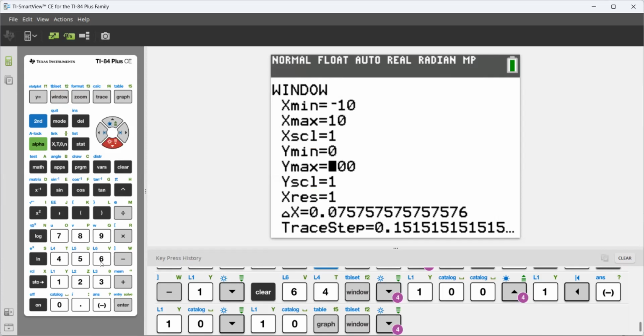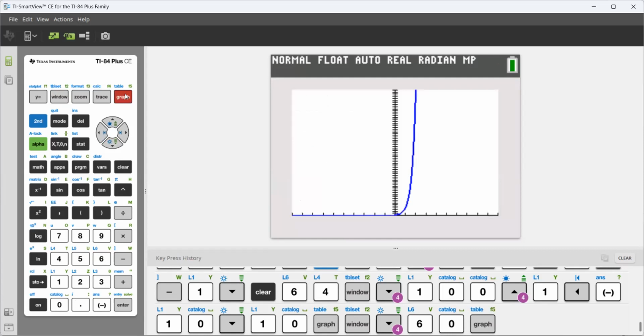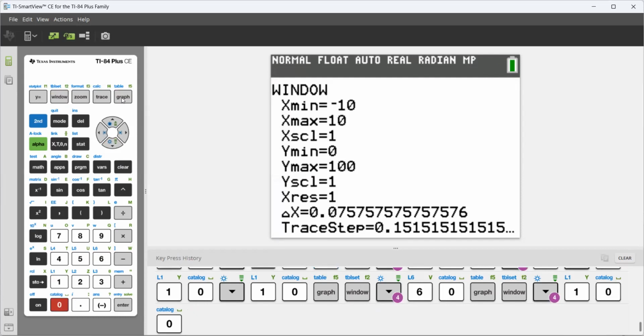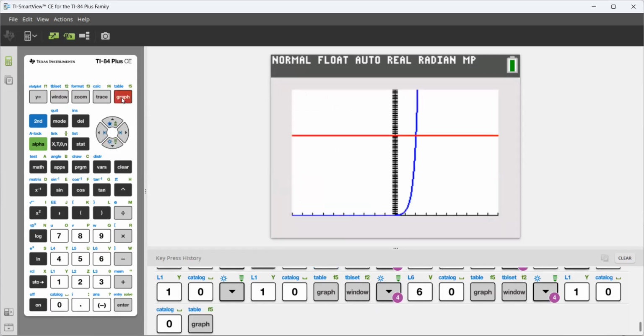Maybe 2. Okay, that didn't help, obviously. So this, I think, is better. Then again, you could solve for x by doing second trace, but we already did, and we got 2.